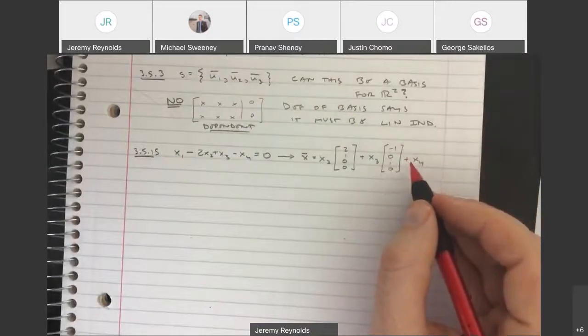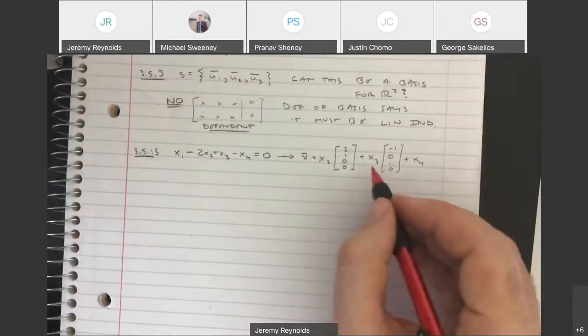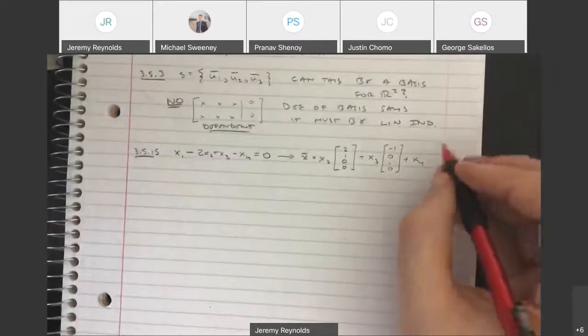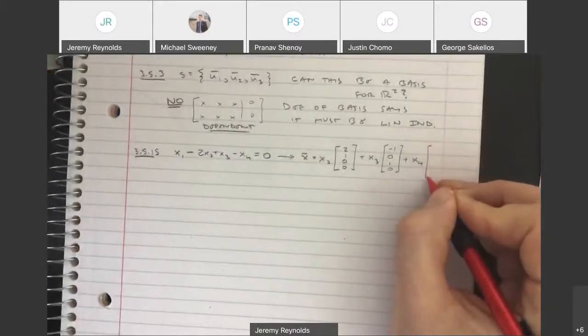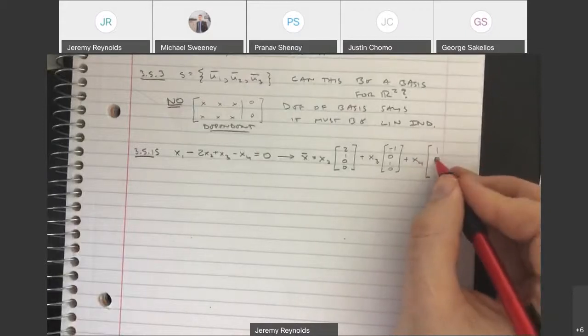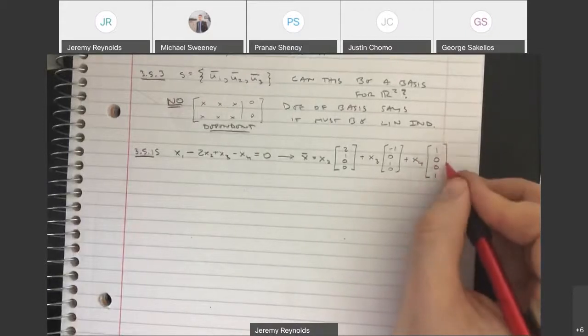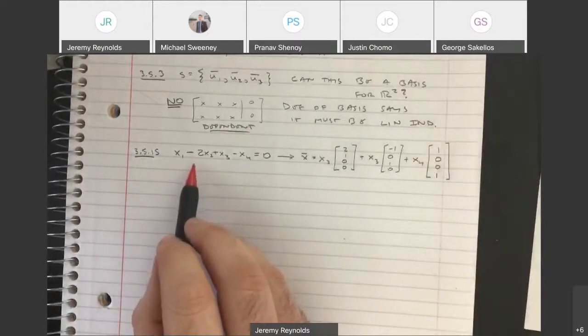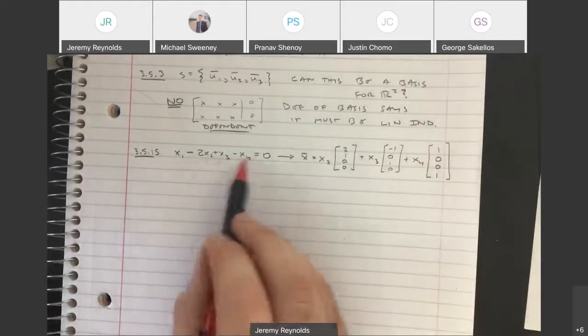If anybody doesn't understand how I'm doing this part, just speak up so we can go back over it, but I don't want anybody to be lost. And we can see that this solution, x1, can be written in terms of the other three vectors.